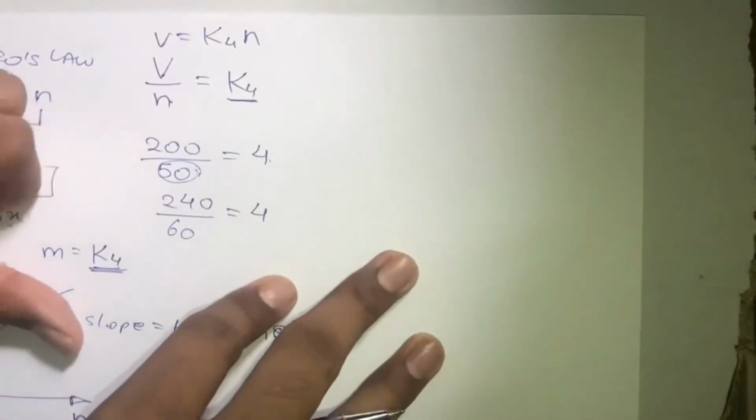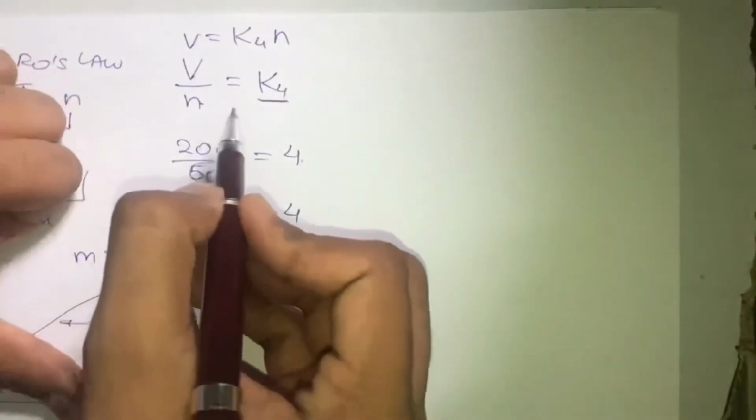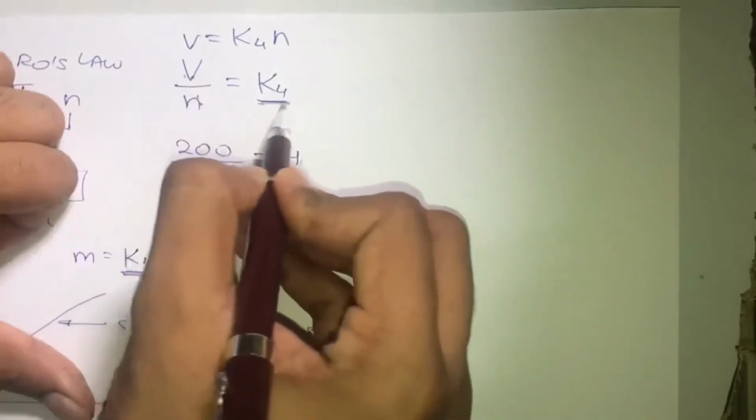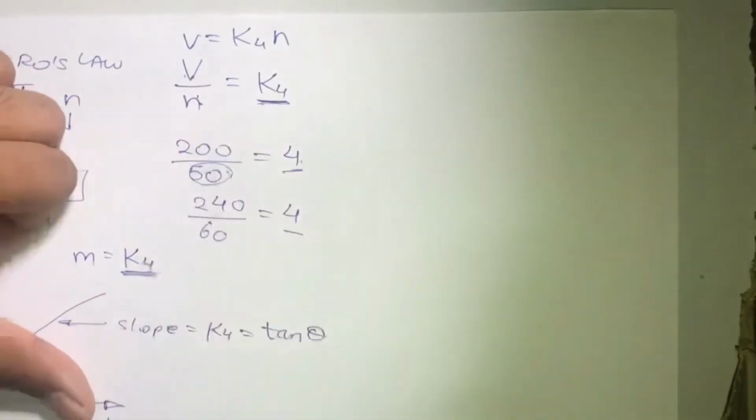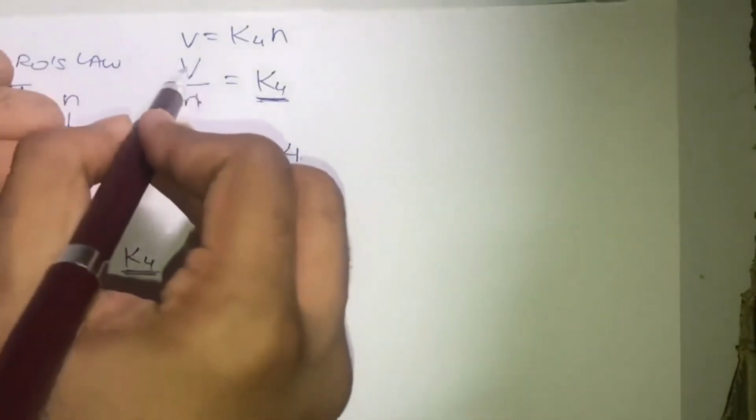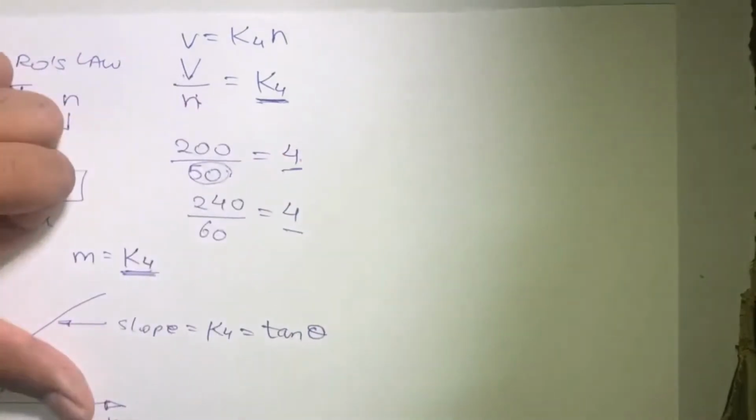Now here we conclude one graph. We all know that V upon n is always remaining the same constant value. So can I say that the ratio of volume upon number of moles is always the same value?